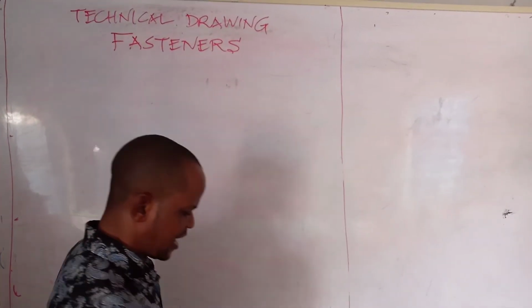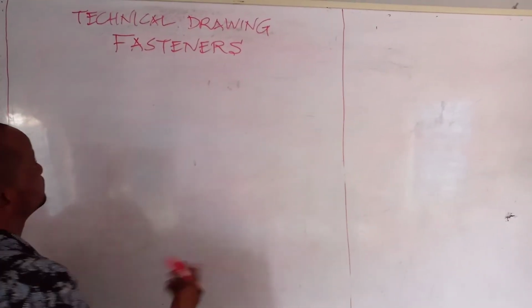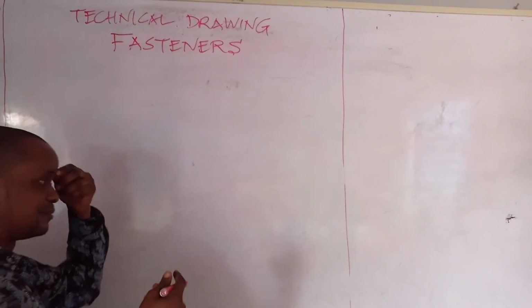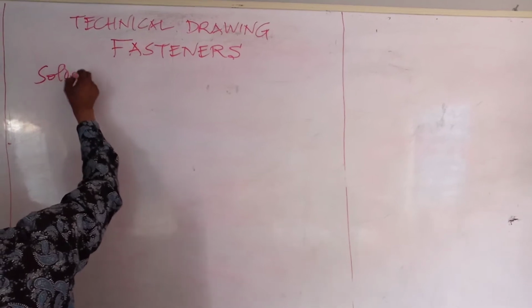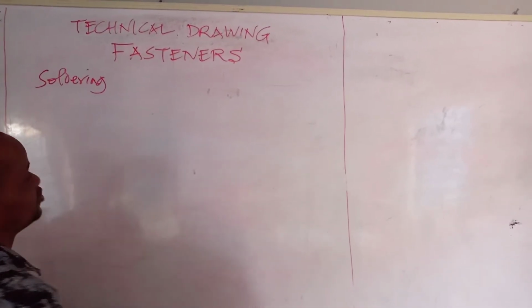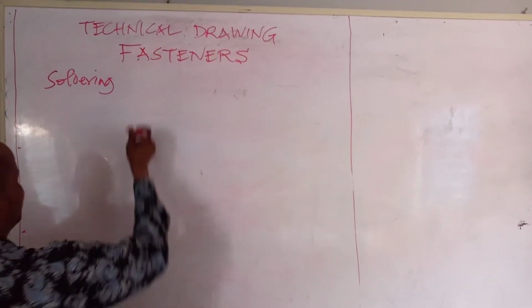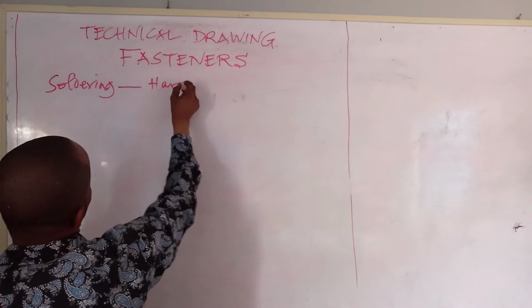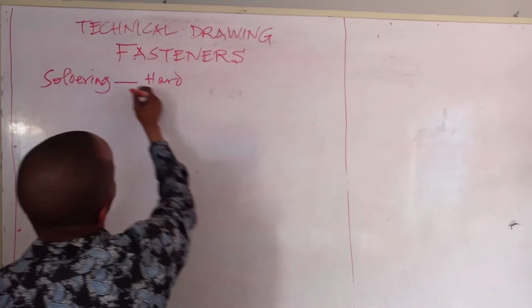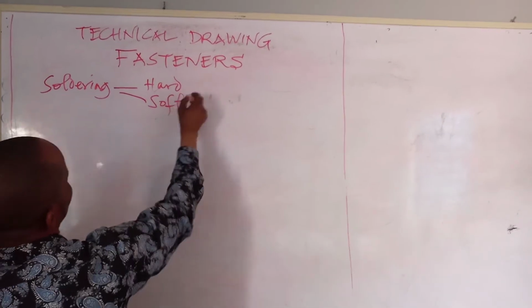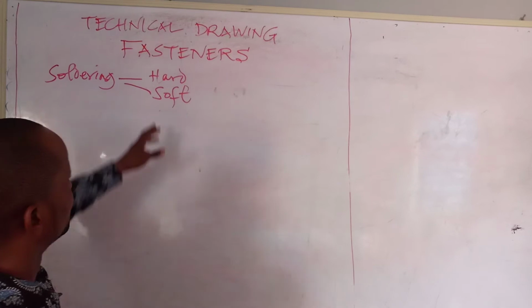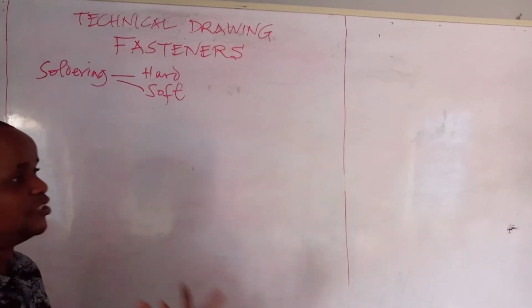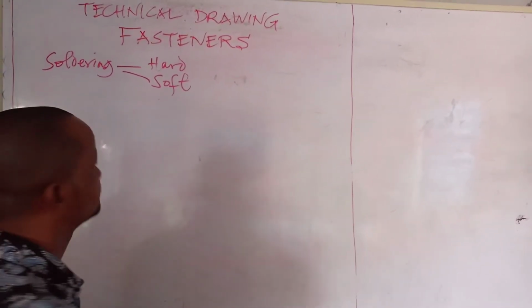Now, when we talk about fasteners, we can have it from soldering. The method of fastening materials together can be from soldering, the one we were taught in junior classes, just like we have hard and soft soldering, and there's another one which is a form of hard soldering but we embellish, we call that one brazing.